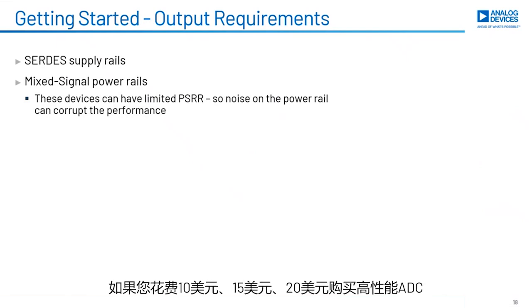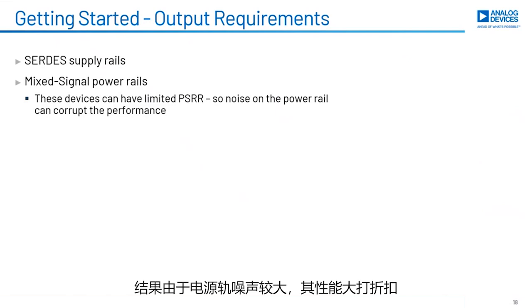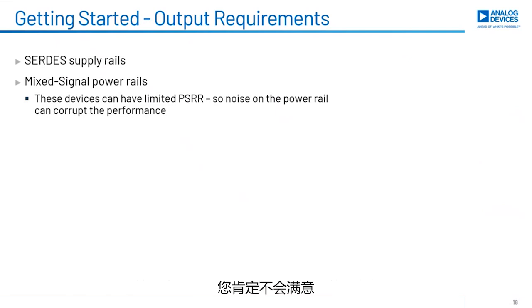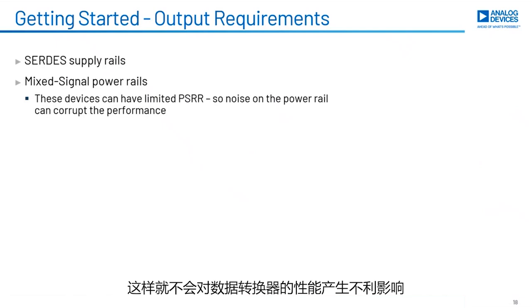So if you're spending $10, $15, $20 on a high performance ADC, and they can't get the full data sheet performance because the power rail is noisy, you're not going to be happy. And so we need to be aware of that so we can design the power system to have low enough noise that it won't adversely affect the performance of the data converter.